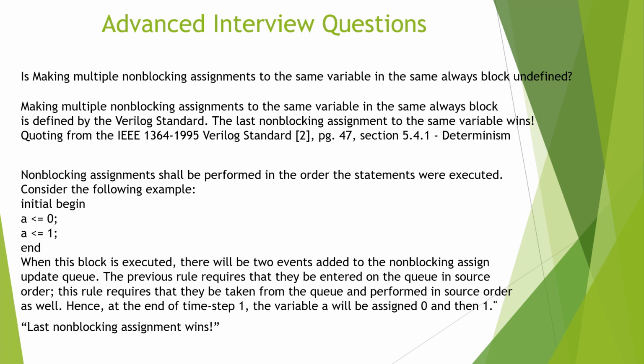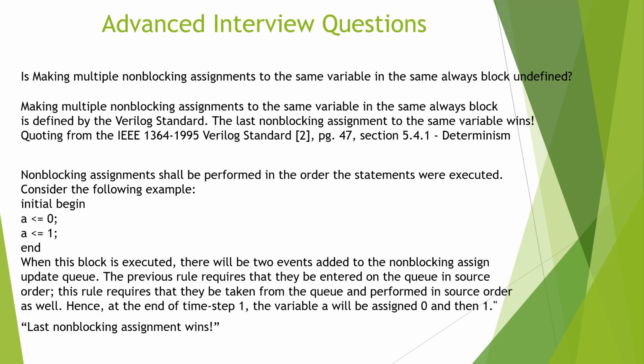Taking an example here, the non-blocking assignments shall be performed in the order the statements are executed. So a is assigned 0 through a non-blocking assignment, and then it is assigned a 1 through another non-blocking assignment. When this block is executed, there will be two events added to the non-blocking assign update queue.